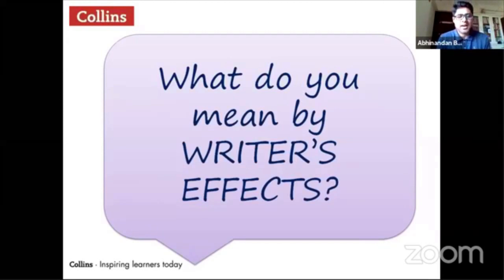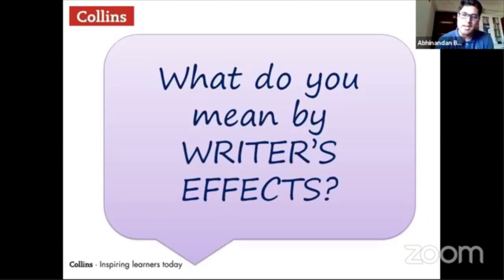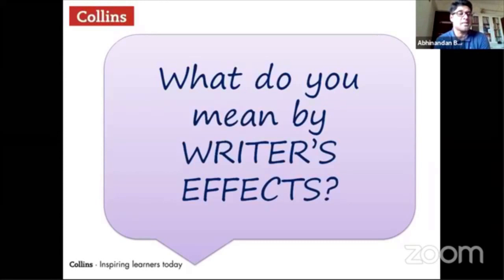So what we understand by this assembly of thoughts is writer's effects basically deals with the impact that the writer is trying to create on the readers. Simple terms, right? Definitely, we also know that there are two important elements that we must keep in mind when we are addressing writer's effects responses.